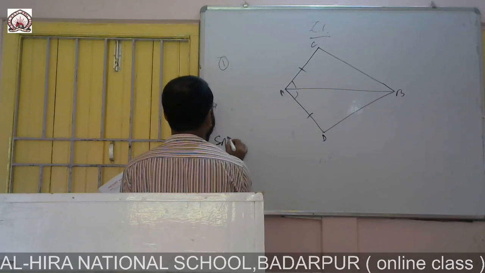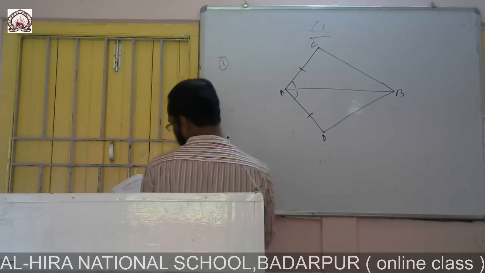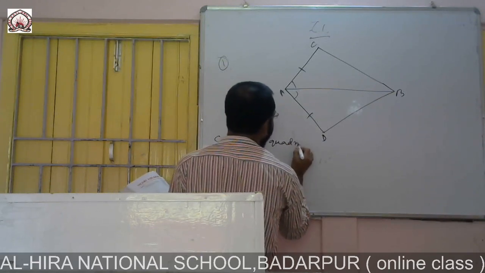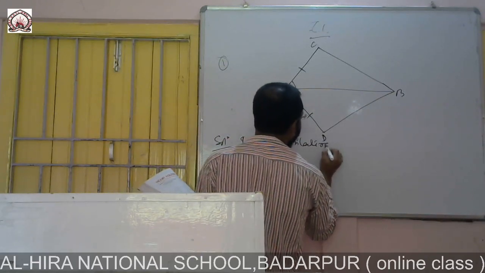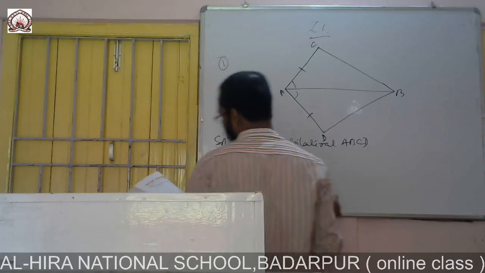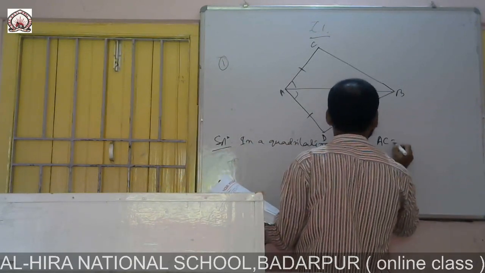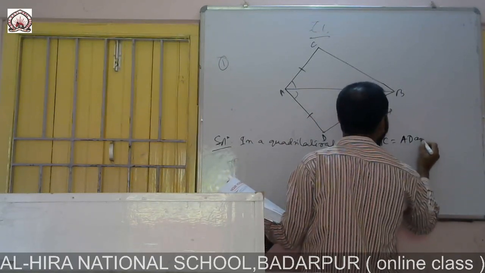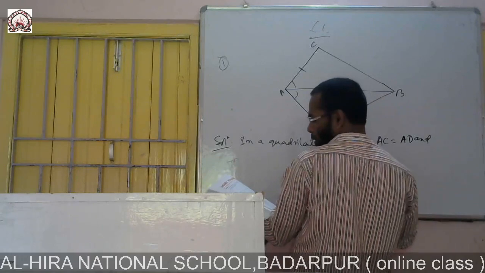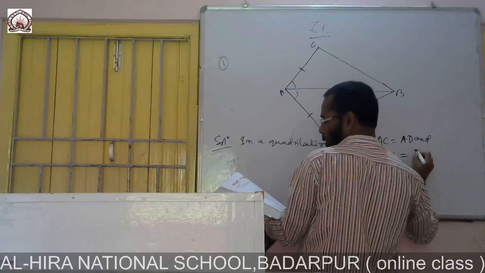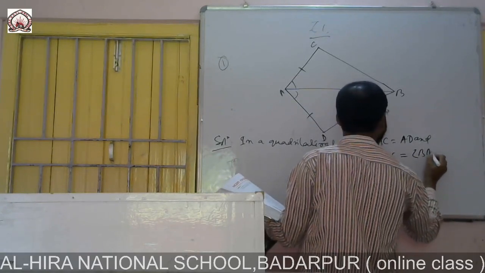Solution: in a quadrilateral ABCD, AC is equal to AD and angle BAC is equal to angle BAD.